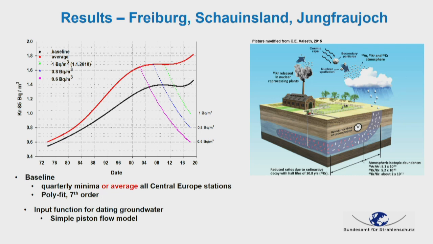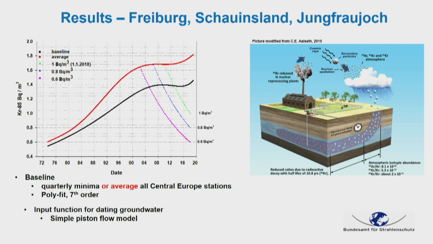For example, if we have a 1 becquerel per cubic meter Krypton-85 concentration in a sample collected on the 1st of January 2018, we can do a backward decay model and calculate that this sample, if we assume it was incorporated into the groundwater body at baseline concentrations, was incorporated in about 2013.